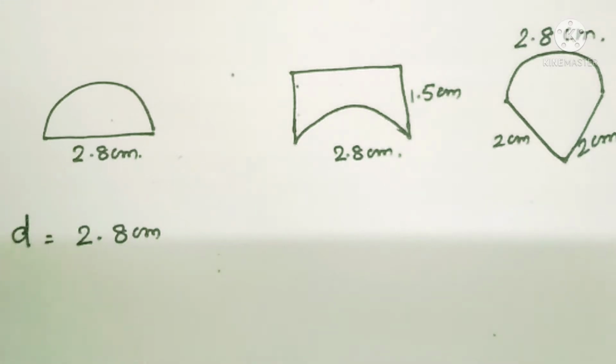Now question number 5 is: an ant is moving around a few food pieces of different shapes scattered on the floor. For which food piece would the ant have to take a longer round? Remember, the circumference of a circle can be obtained by using the expression C is equal to 2 pi r, where r is the radius of the circle.